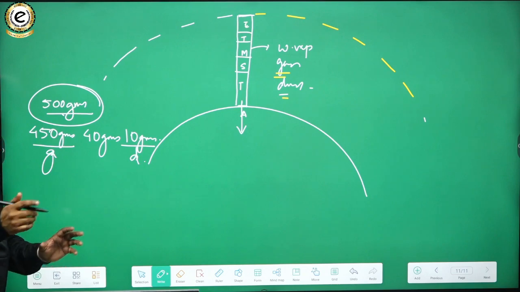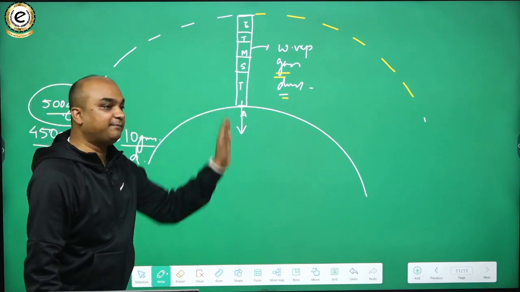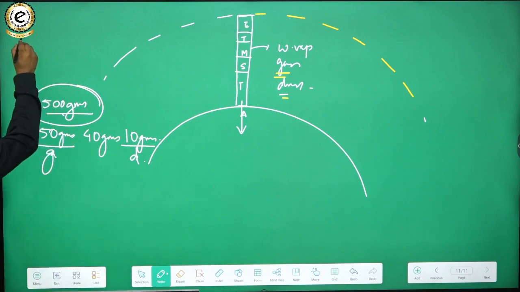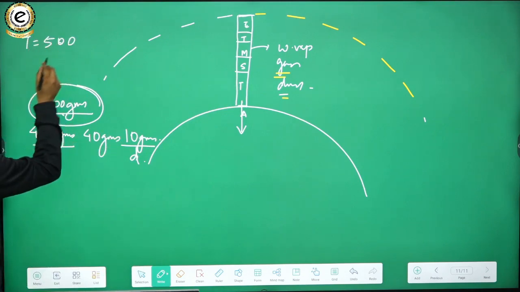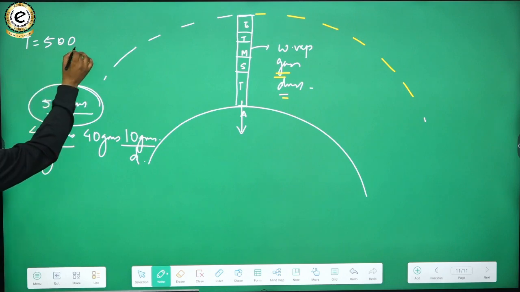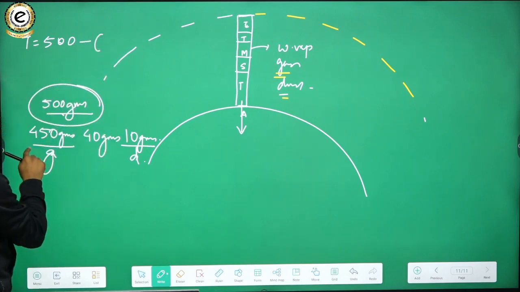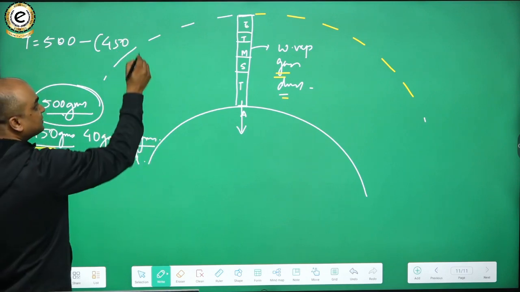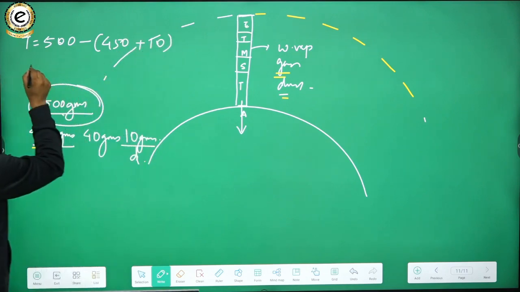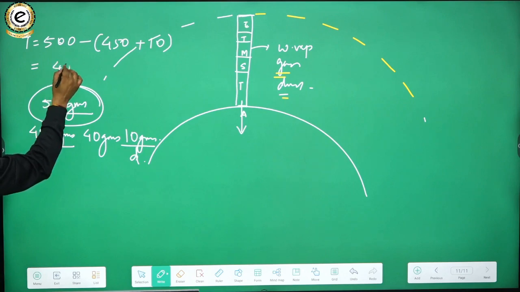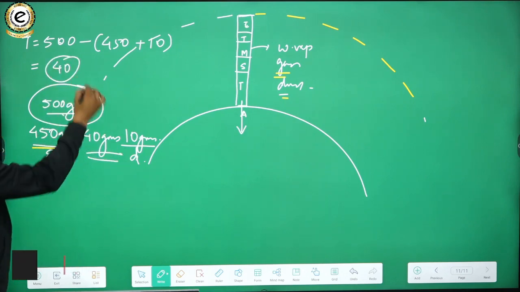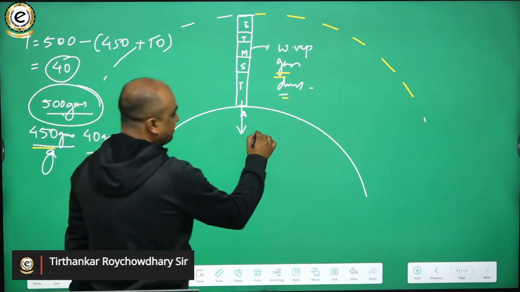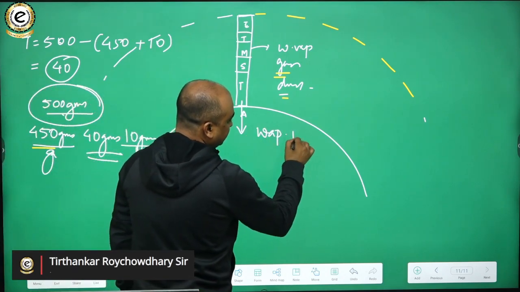Vapor pressure is nothing but the pressure exerted by vapor in a unit column of air. या आप ऐसे सोच कर देखो, total pressure कितना हो गया 500, and from 500 if I subtract the pressure exerted by gases, what is it? 450. What is the pressure exerted by dust particles? 10. So what do I get? That is actually the pressure exerted by water. You get that? So that is known as vapor pressure.